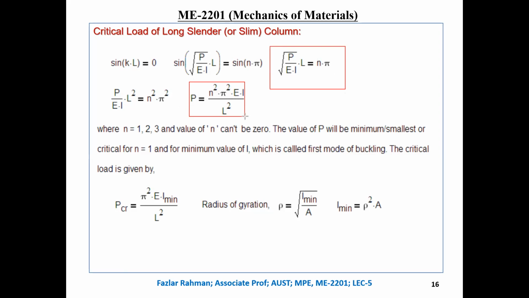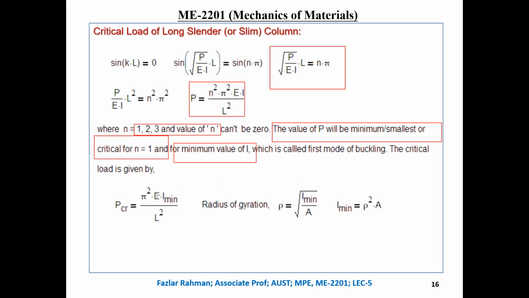What is our target? We would like to figure out the minimum value of P. So you see, for the minimum value of P, n will vary as 1, 2, 3, 4. If n equal to 1, then P will be smallest. So the value of P will be minimum, or smallest, or critical for n equal to 1. And this is called the first mode of buckling.